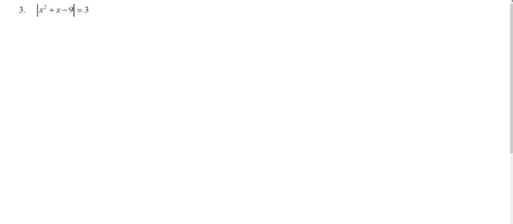Does it factor? The answer is no. Because the only thing that's going to give us a 9 is a 1 and a 9, which you cannot combine to get a 1, or a 3 and a 3, which you cannot combine to get a 1.